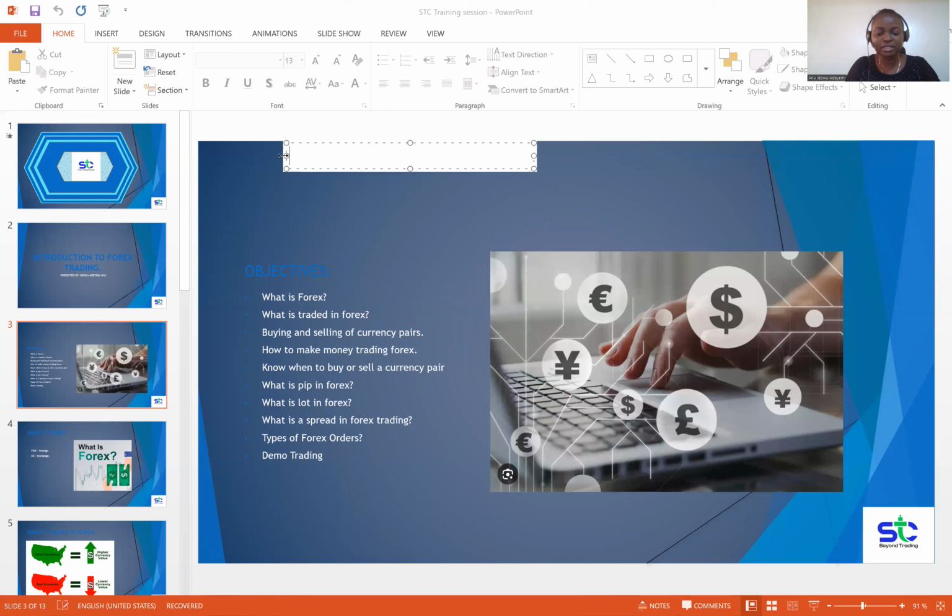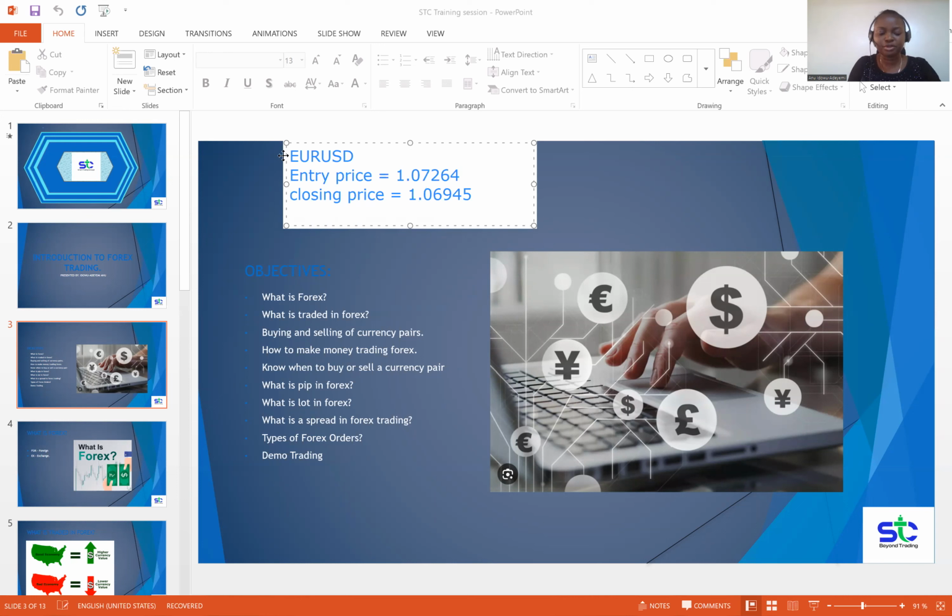The assignment is this. Let's say you enter a trade with IDOWU-USD, and your entry price is 1 point, then your closing price is 1.06.